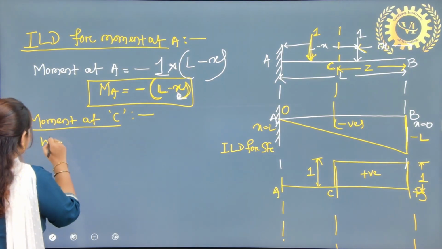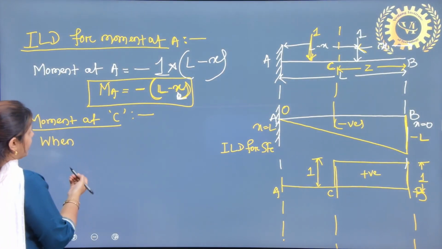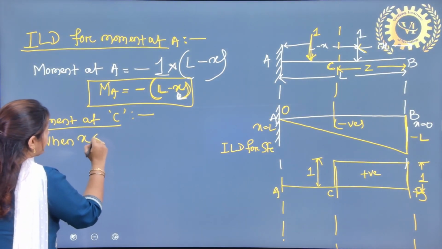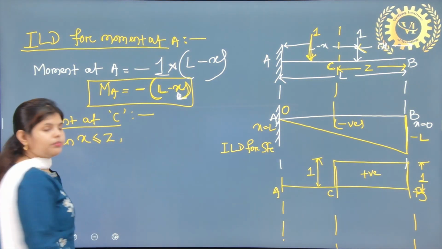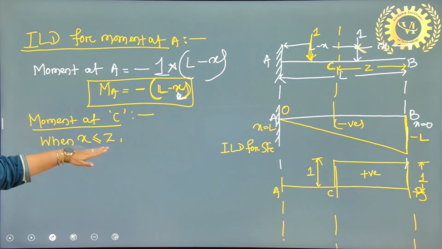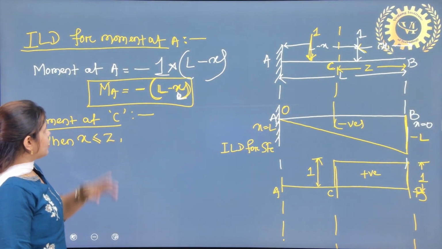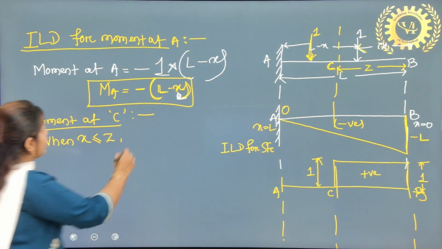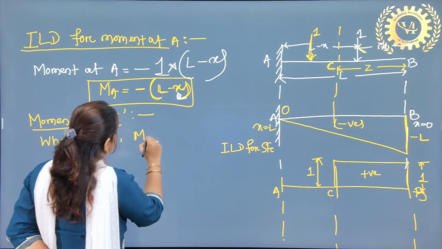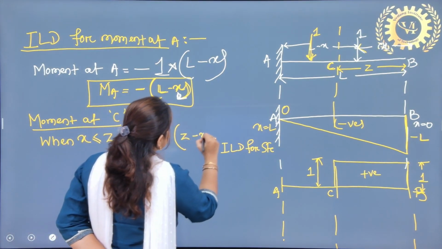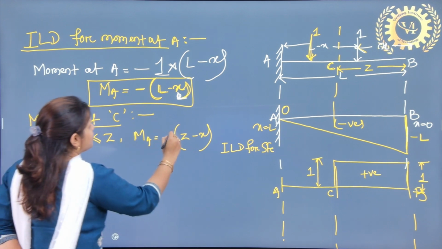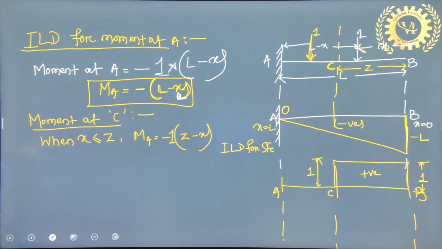Now I can write, when x is less than or equal to z, the moment here will become minus of z minus x. Here one is here. Okay.